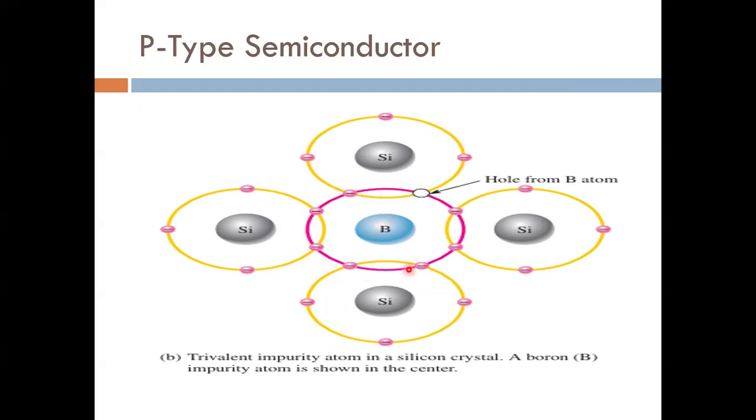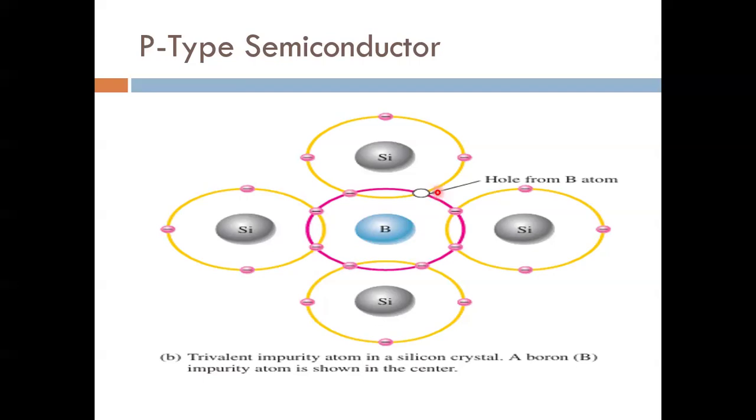Of course, the three electrons of the boron will form covalent bonds with three silicon atoms, while one bond will remain vacant. So when one remains vacant, this will be treated as a hole.